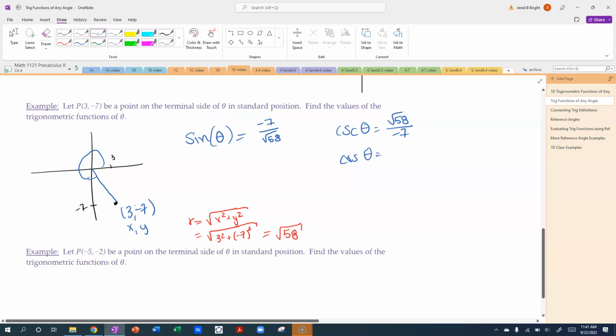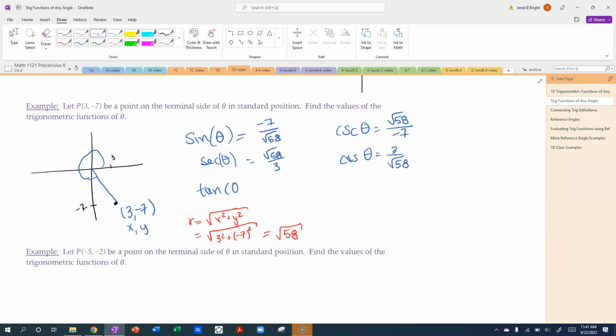Cosine is x, so 3 over r, square root of 58. Secant would be its reciprocal, square root of 58 over 3. Tangent is y, -7, over x, which is 3. Cotangent is its reciprocal, 3 over -7. That would be our answers there.